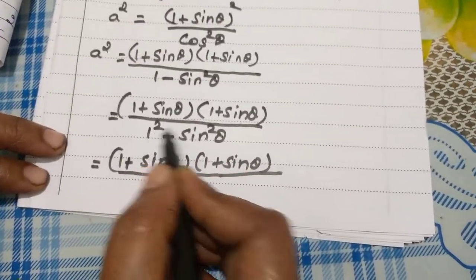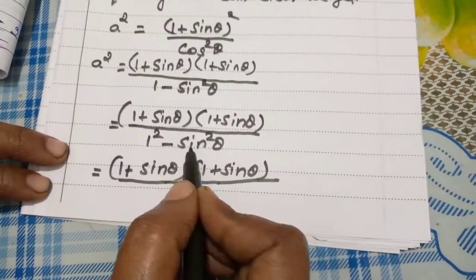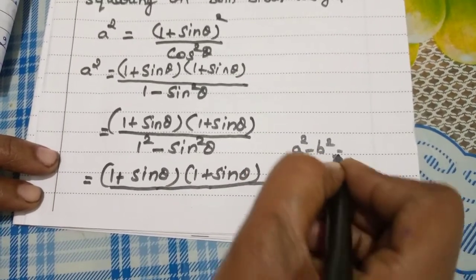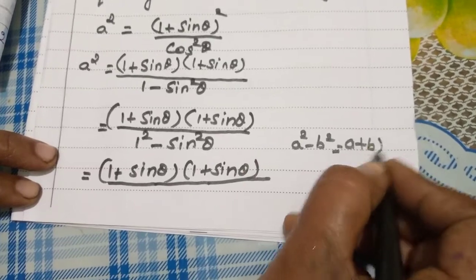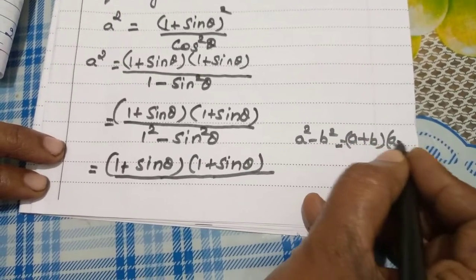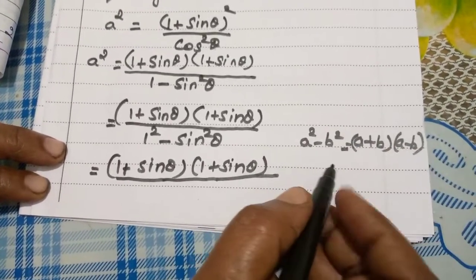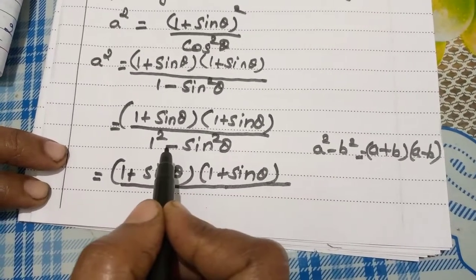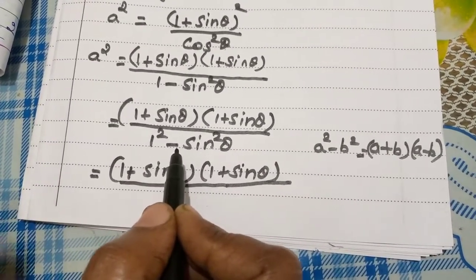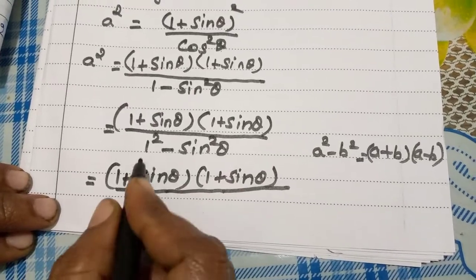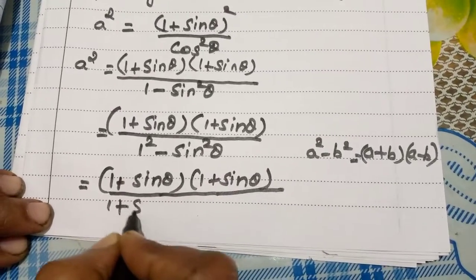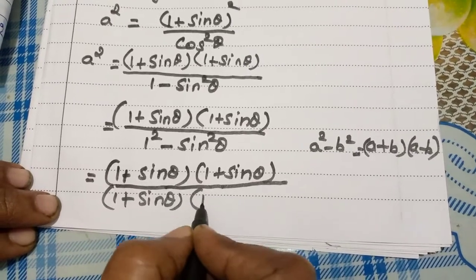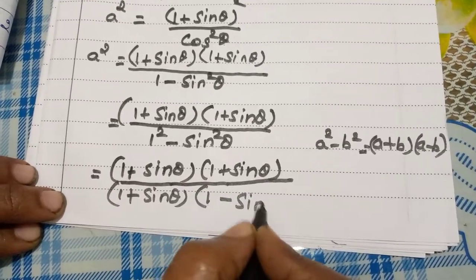That is a square minus b square. What is a square minus b square? a square minus b square equals a plus b into a minus b. Let's use this formula. Here a is 1, b is sin theta, so 1 plus sin theta into 1 minus sin theta.